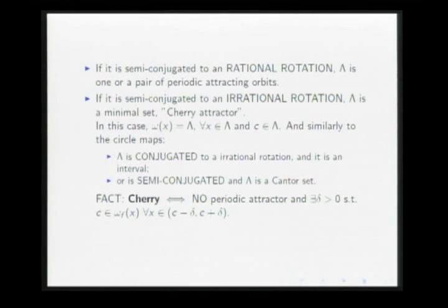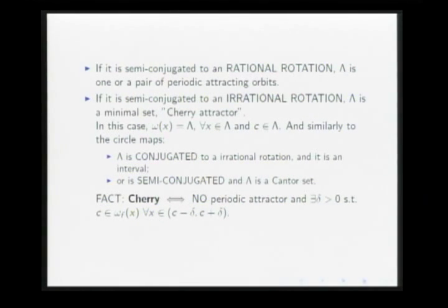So in this way, you can already consider that you have to deal with wandering intervals when you are considering Lorenz maps. So we say that in this case, we have a Cherry attractor. When you have the rational rotation, it will give us an attractor that is a Cantor set, if it's not the case of the gap disappears.